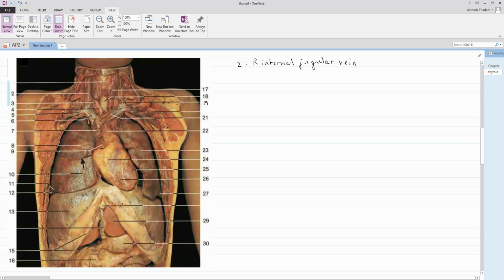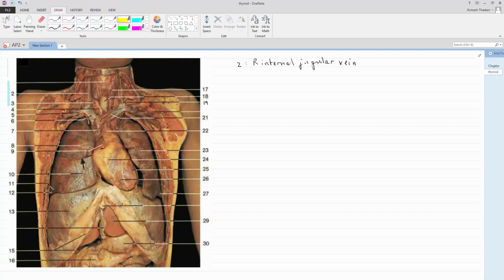Okay, then number 3 over here, this tiny structure that you can barely see. Maybe if I use a highlighter, let's see. Here's the highlighter. So here's that structure over here that you can barely see.